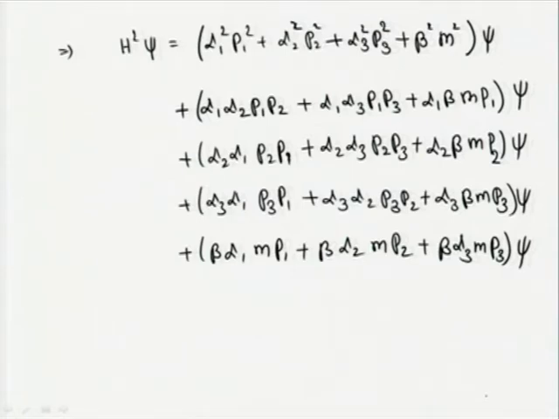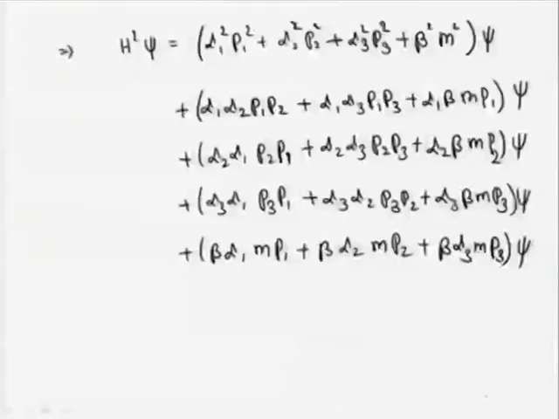Similarly, other components of P also commute with each other and also commute with mass m. But the other coefficients, alphas and beta, we are not assuming to be commuting, and we will see what relations they should follow.